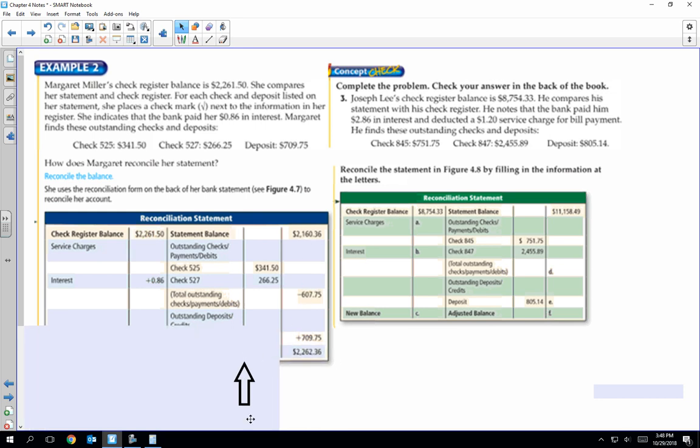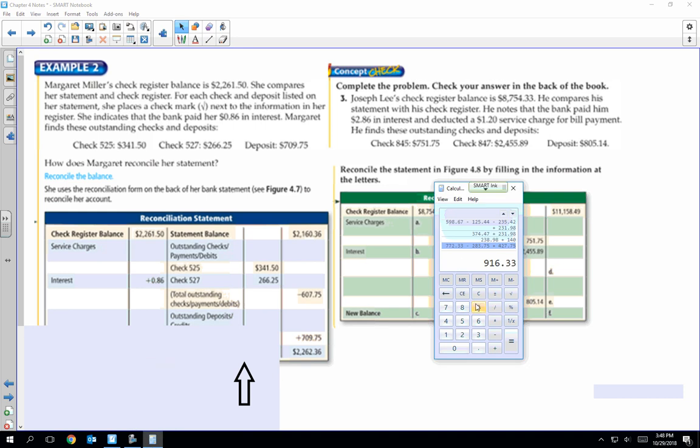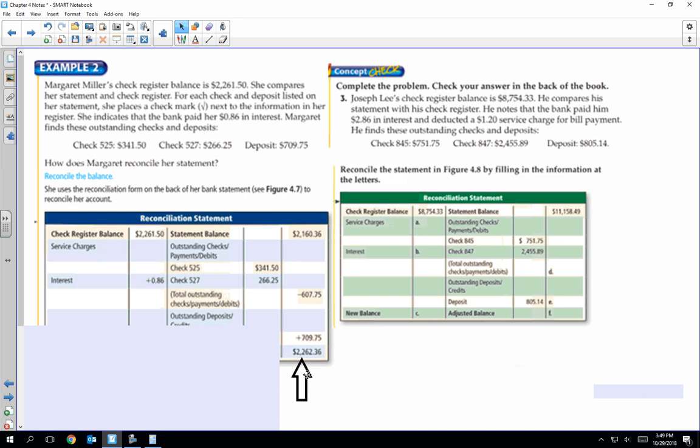When we do that in our calculator, we get 2160.36 minus 607.75 plus $709.75. We get 2262.36.